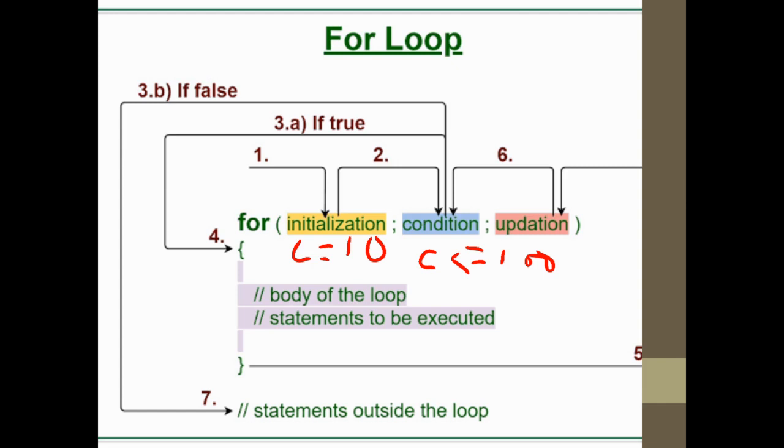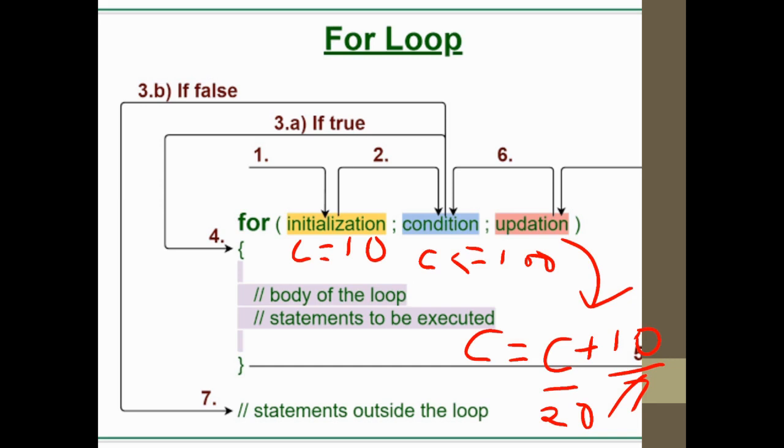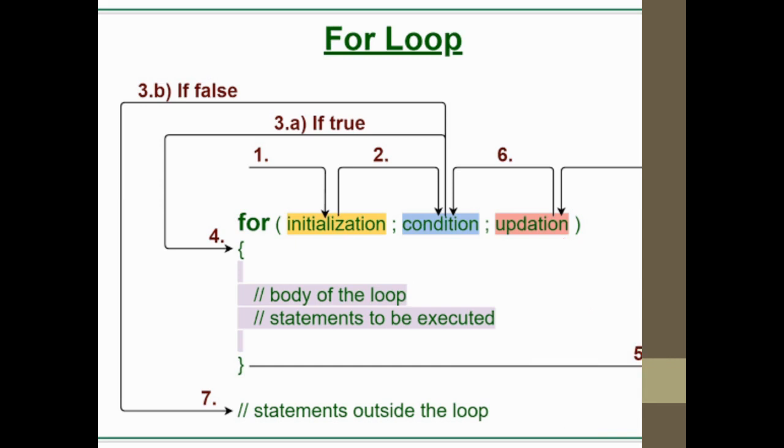So the updation statement is c = c + 10. Each time I am adding 10 to the variable's value. If the value of c is 10, it will add 10 and give you 20. When the value is 20, it will again add 10 and give you 30. So it will work like this.